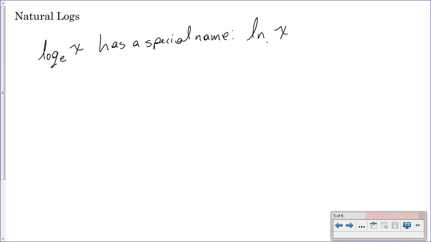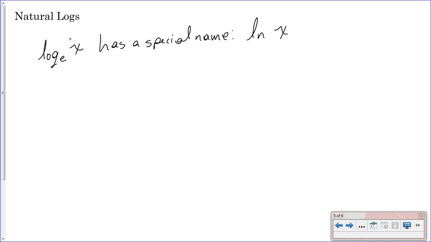Natural log will always have a base of e. So 99% of the time when you see a natural log written, it will not have a base, because the only way to get a natural log is to have a base of e. You cannot have a natural log with a base of anything other than e.